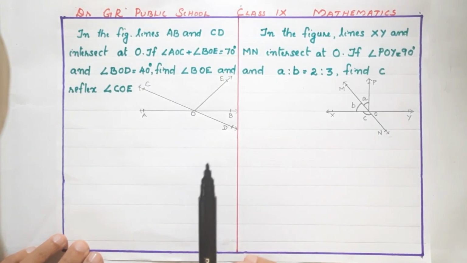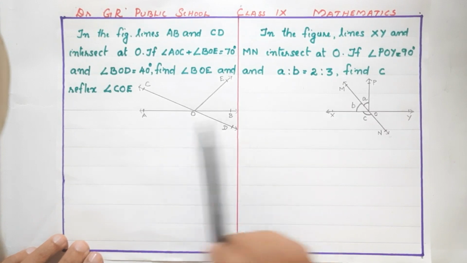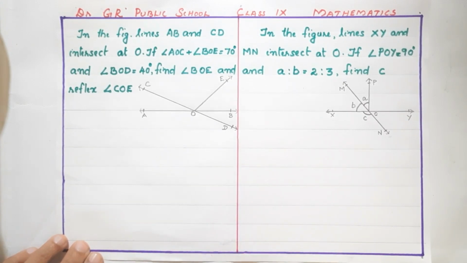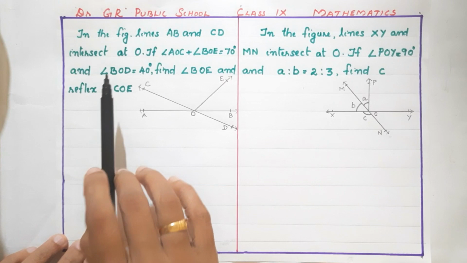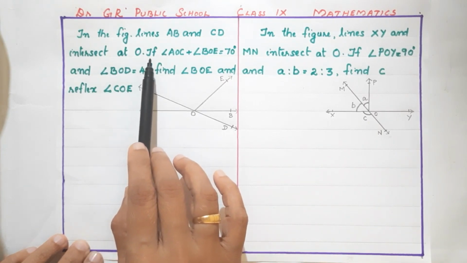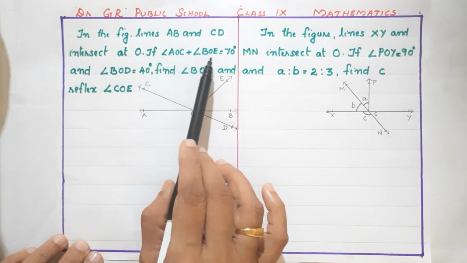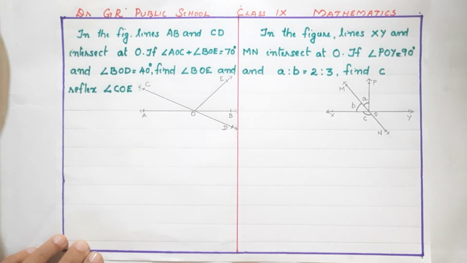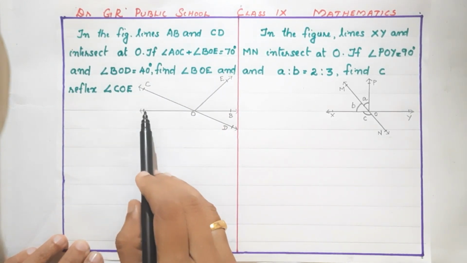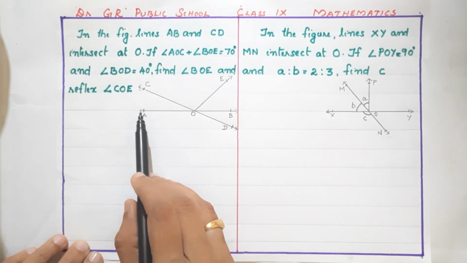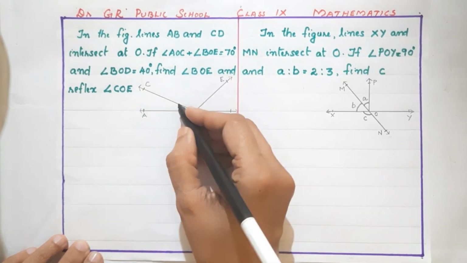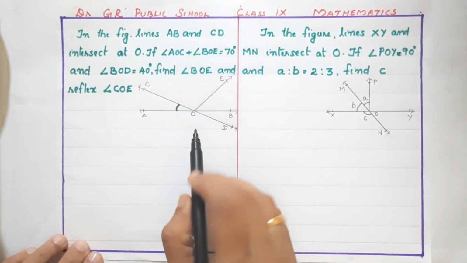Whenever you get a question like this, first of all, you have to understand the figure properly. You have to analyze the figure. Next one. If AOC plus BOE equal to 70 degree. Which is angle AOC? This angle. Okay.